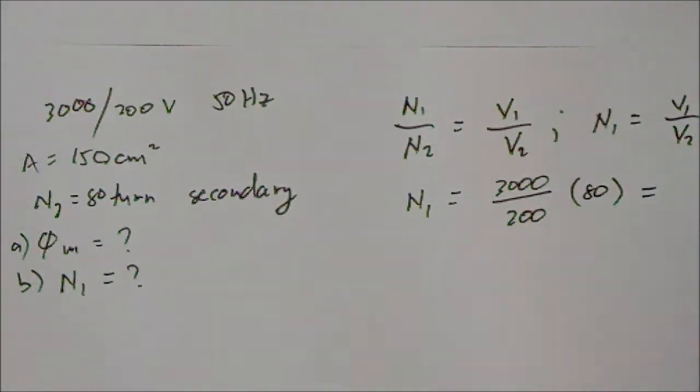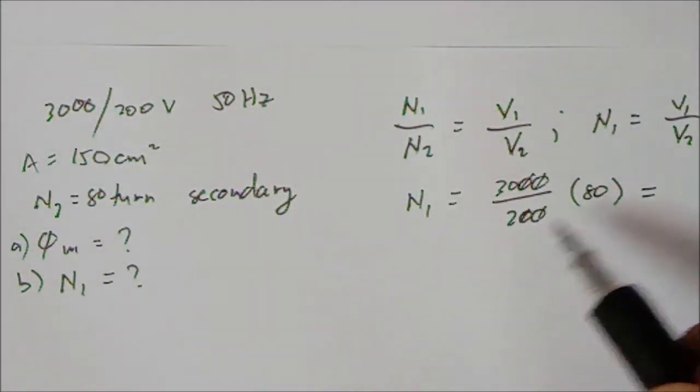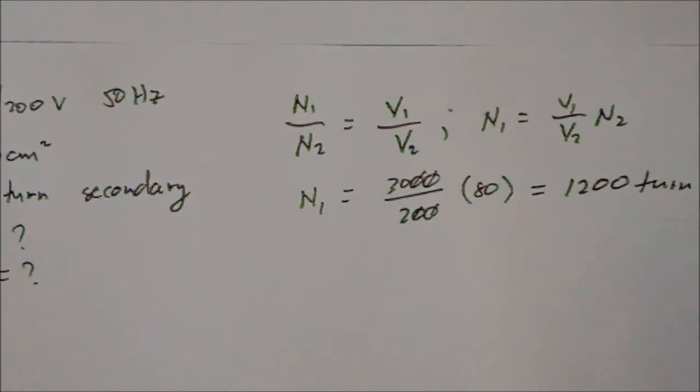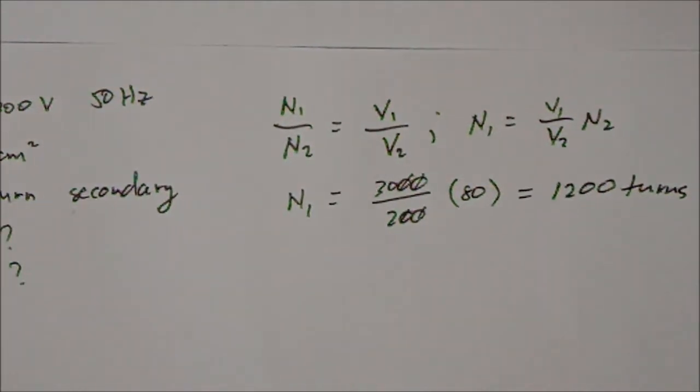So, tanggalin natin dalawang 0, 30 divided by 2 is 15 times 80. So, 15, 30 times 4, 40, 1,200 turns. So, meron tayong 1,200 turns.